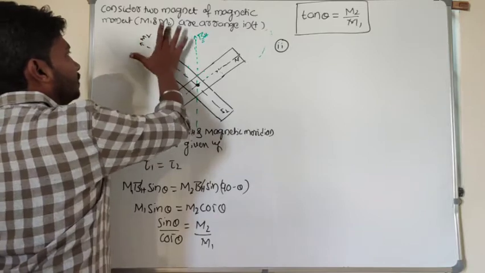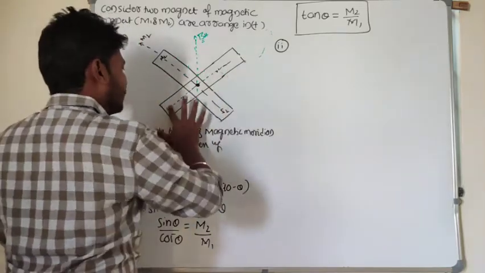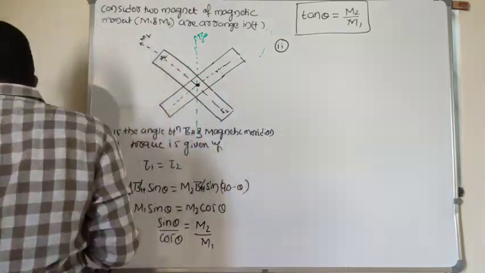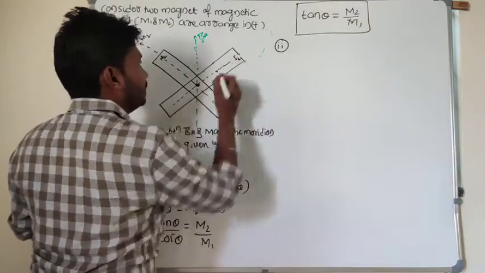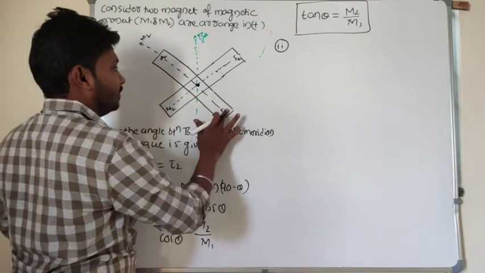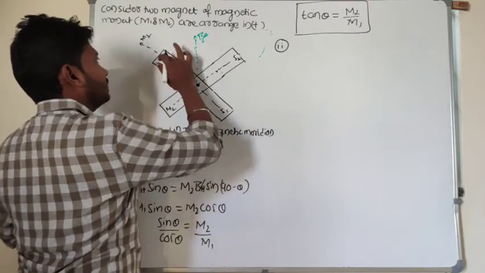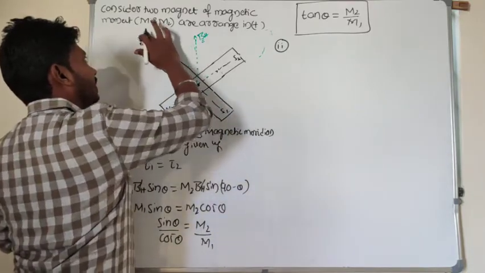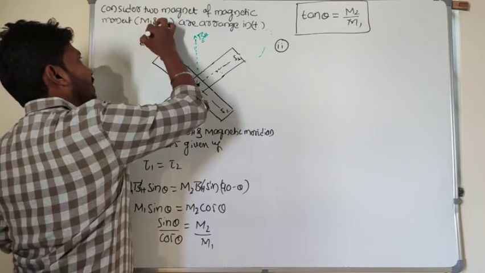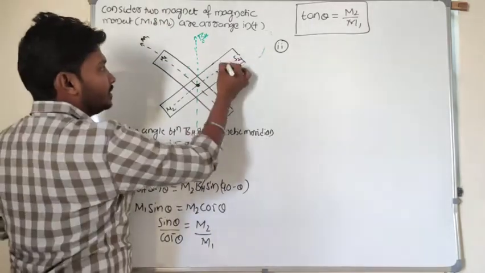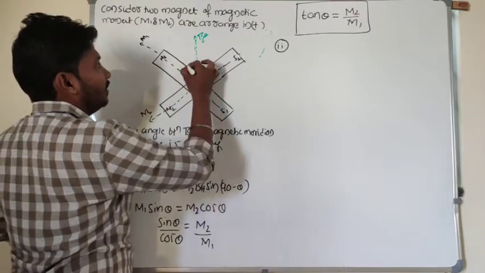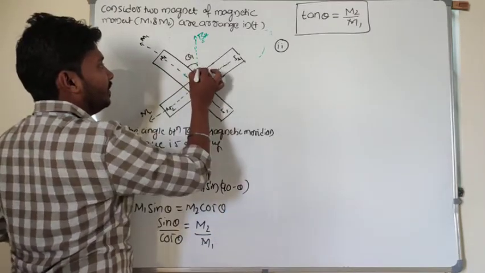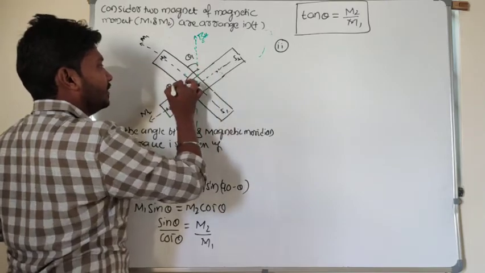I will take two magnets and just change the polarity here. Now this is S2 and this is N2. This is S1 and this is N1. This magnet has magnetic moment M1 and this magnet has magnetic moment M2 here. This is the angle theta 1 and this is the angle theta 2.